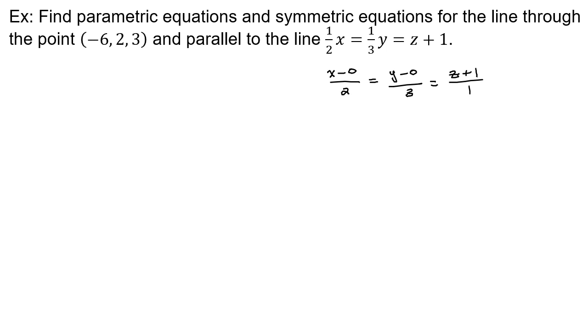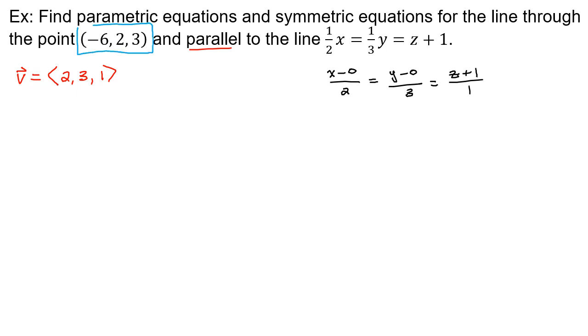So the 2, the 3, and the 1 in the denominators would be your vector v in this case. Since it's parallel, we'll have the same vector. So vector v is the 2, 3, and 1 from the denominators of the line that was given to me. I have that, and I have a point, so I can write the equation now.